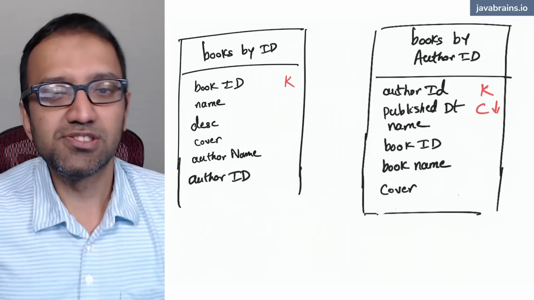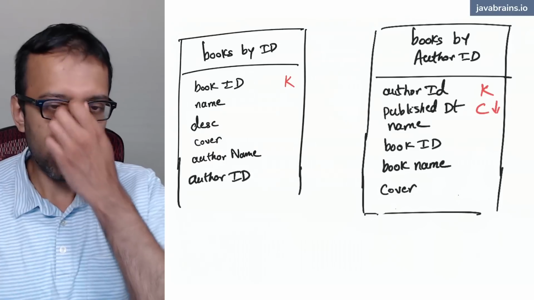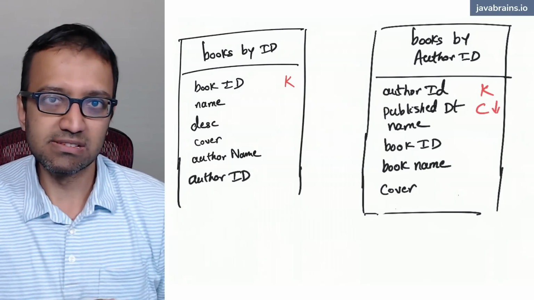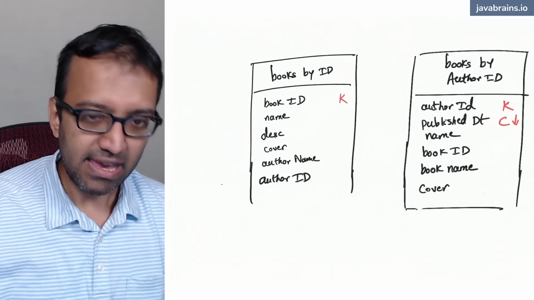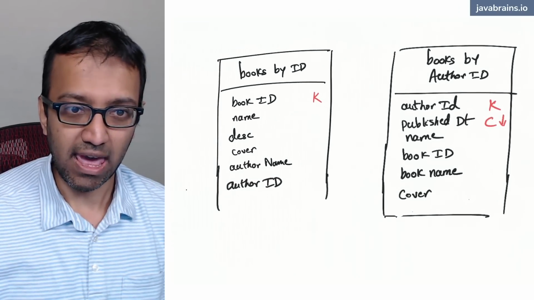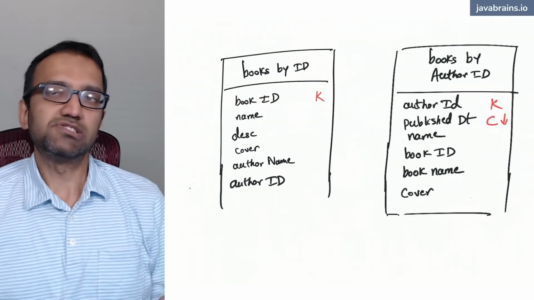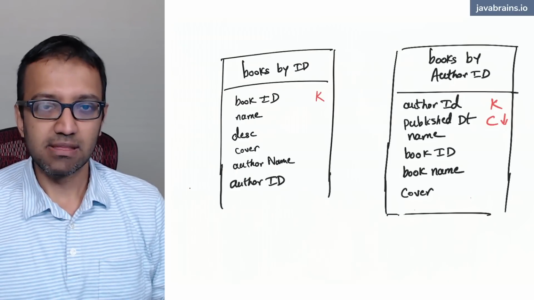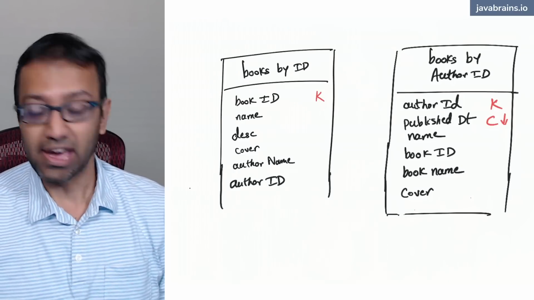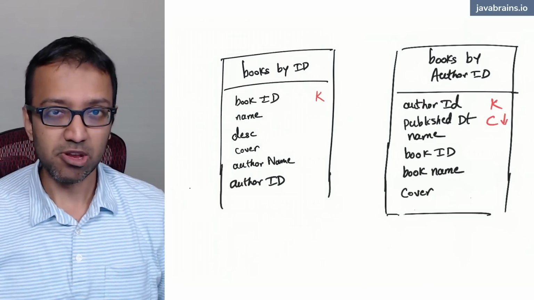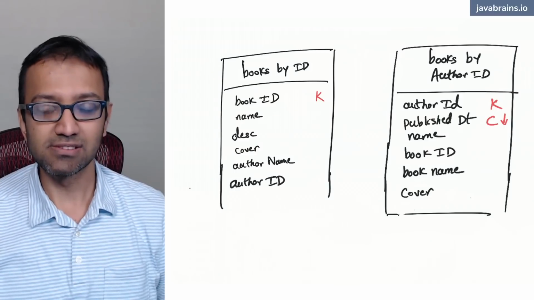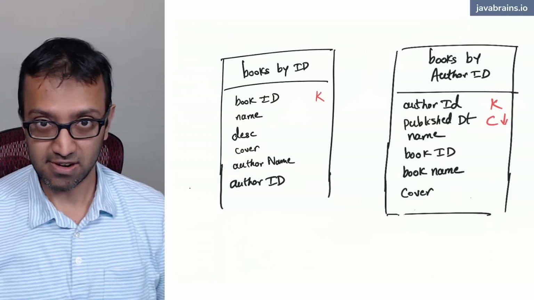Now that we have seen these two tables, I want to highlight something about how this is managed in Cassandra, okay? The primary key here, what we're talking about as the K, is what's referred to in Cassandra as the partition column, okay? Cassandra is a multi-node database. It's a distributed database, which means that your data is not going to be all in one server, okay?